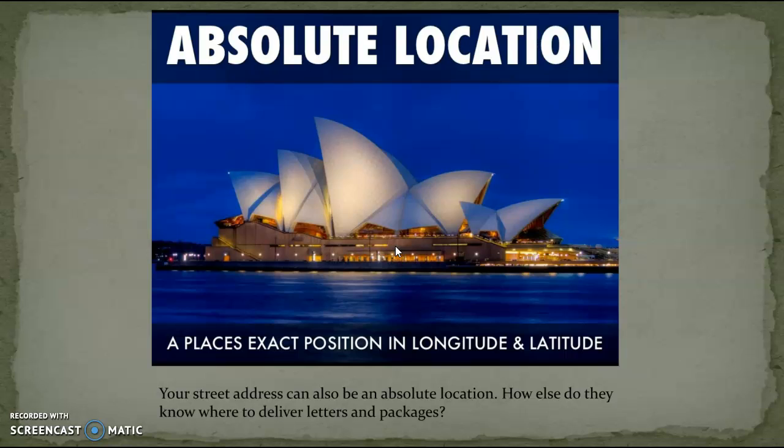If I gave that to you, you would know exactly the address and where to go. You could get in your car and drive to that address and get to the exact spot. So we have 2, absolute and relative. Relative gives you the general idea, whereas absolute gives you the exact location.